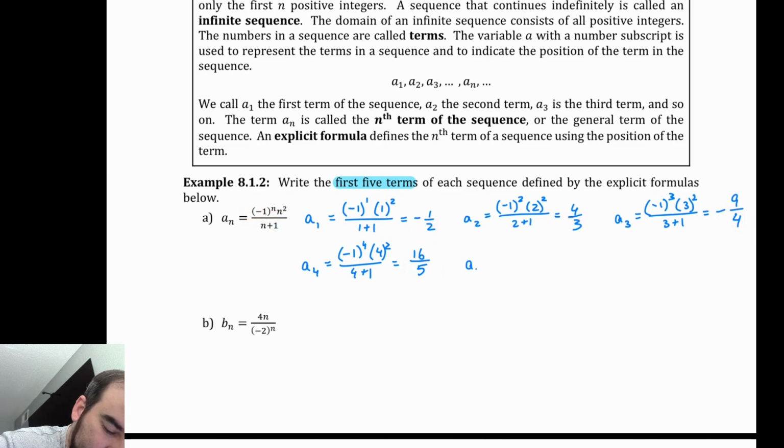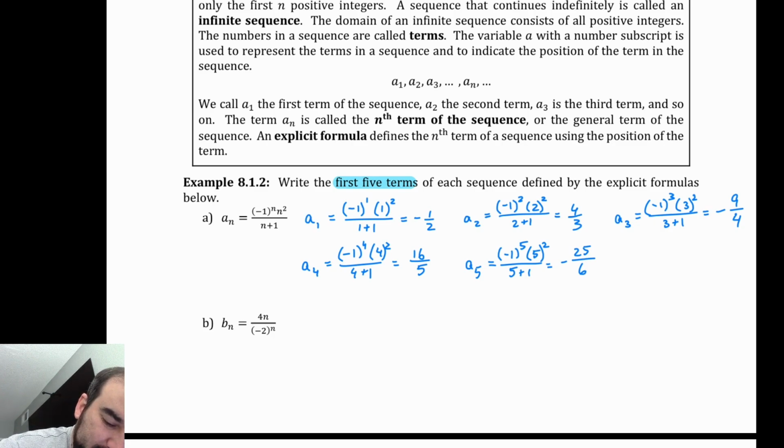So a sub 5, I think, is going to be negative 25 over 6, but we'll check that by plugging in 5. Negative 1 to the 5th times 5 squared divided by 5 plus 1, which is a negative 25 divided by 6. So then write the first 5 terms.